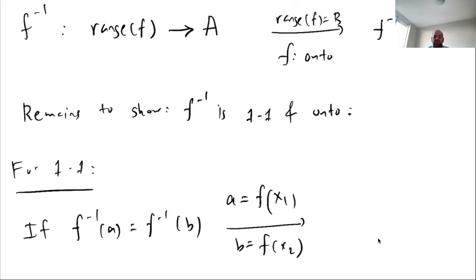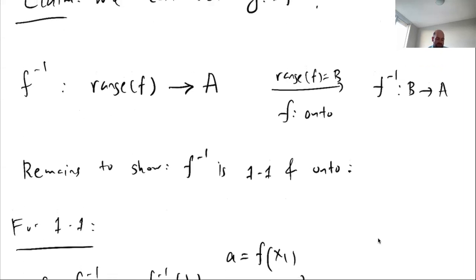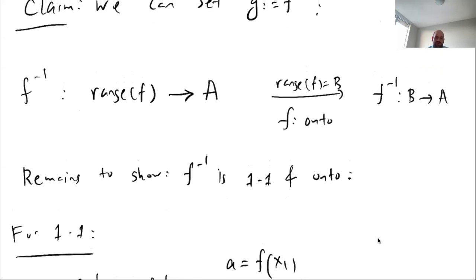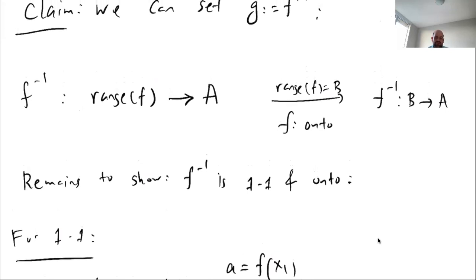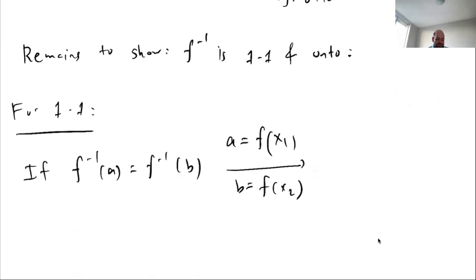A is an input for F inverse, and the input of F inverse is the same as the output of F. So A is an output of F, therefore it can be written as F of some x1. Similarly, B can be written as F of some x2.